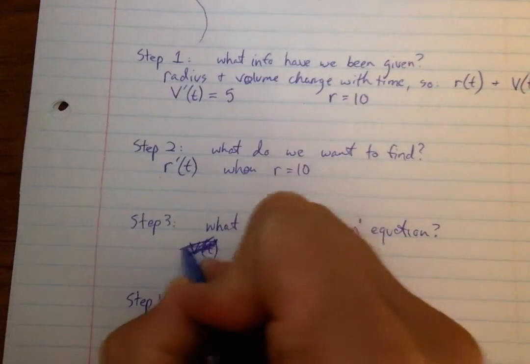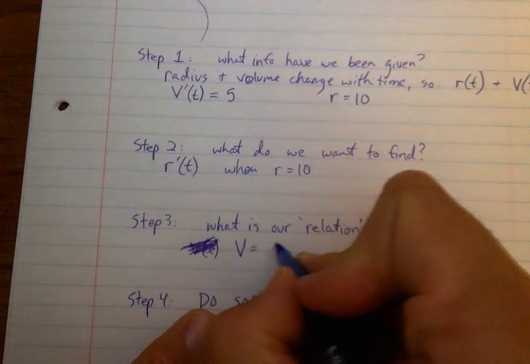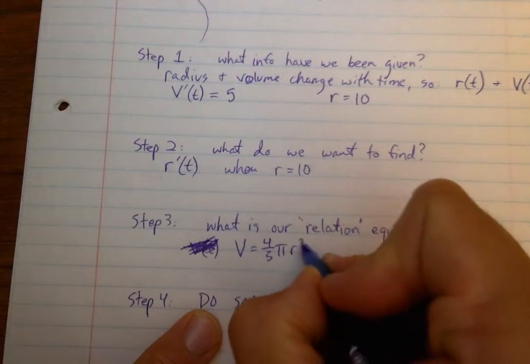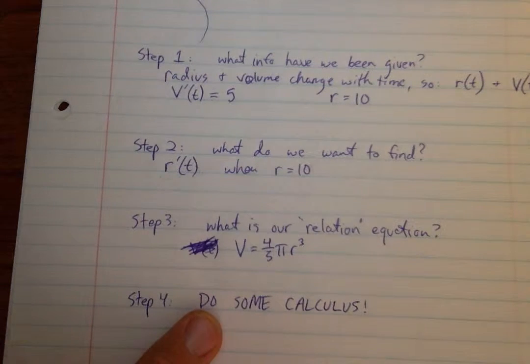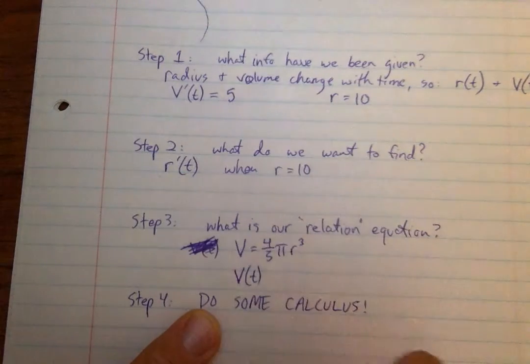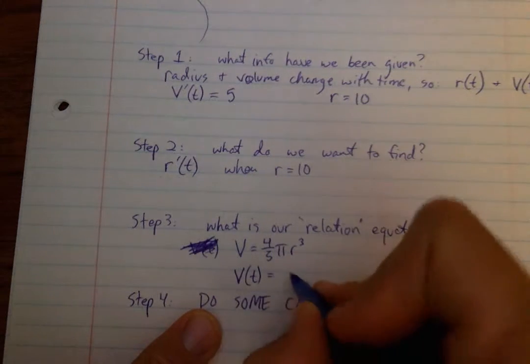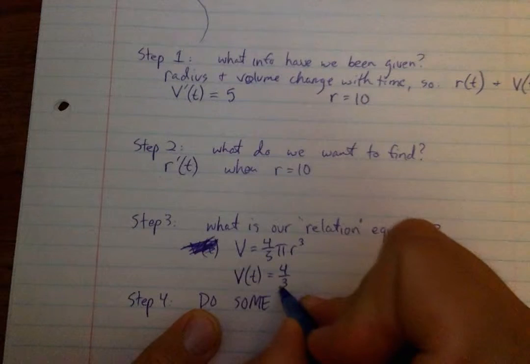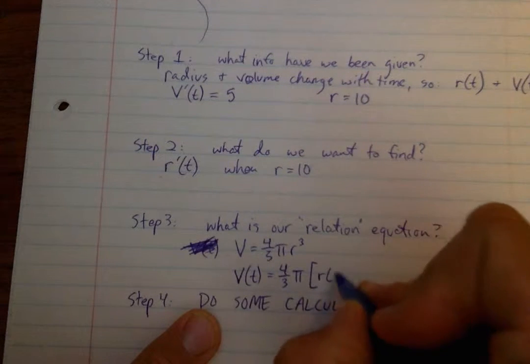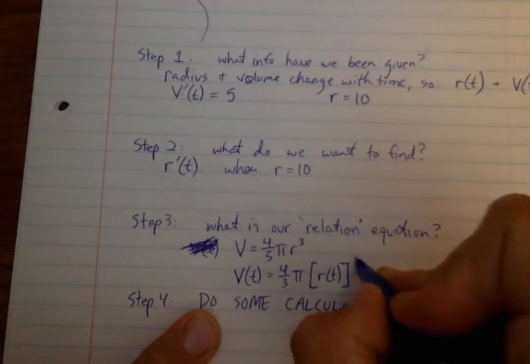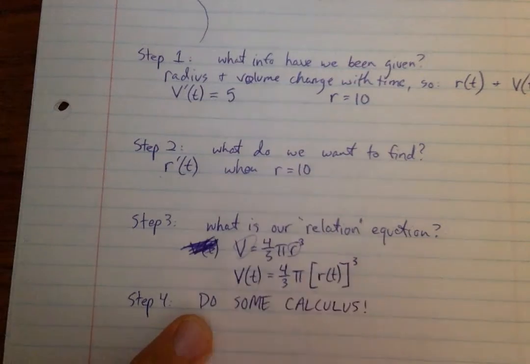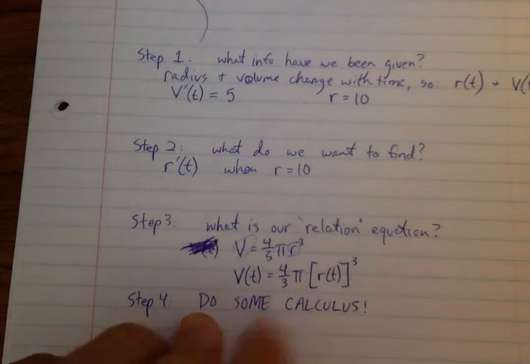Let's just say, for simplicity's sake at first, v equals, you know this equation, 4/3 pi r cubed. That's the volume of a sphere. And now we're going to introduce an element of time. The volume at any time t is 4/3 pi r of t cubed. All we did was take these two variables and introduce an element of time to them, right?